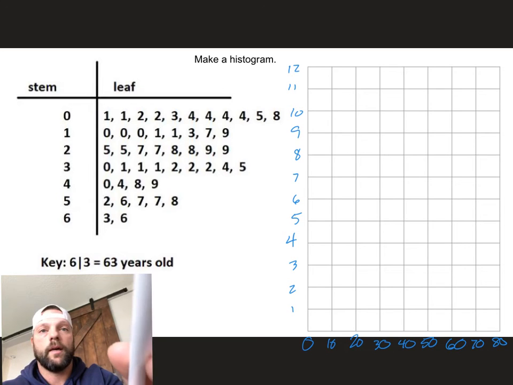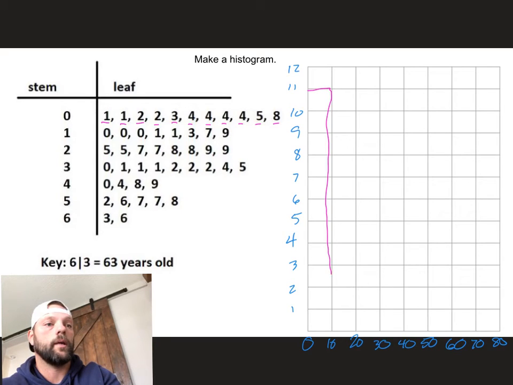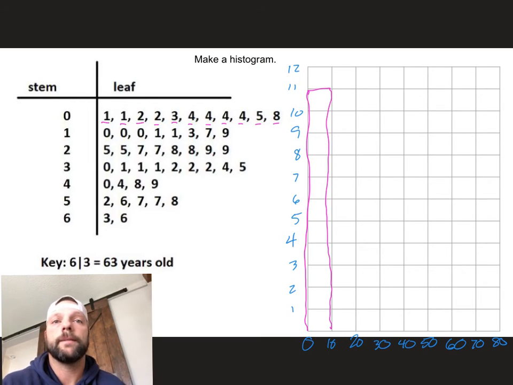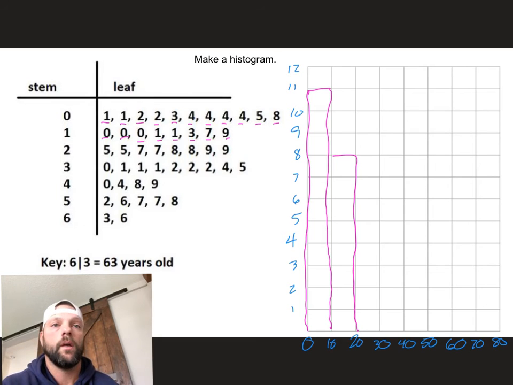Now when I go through this, I have 1, 2, 3, 4, 5, 6, 7, 8, 9, 10, 11. So my first one is going to go all the way up to there. It's testing my straightness. Then I have my next one, my 10s, 1, 2, 3, 4, 5, 6, 7, 8. And my 20s, 1, 2, 3, 4, 5, 6, 7, 8 again.